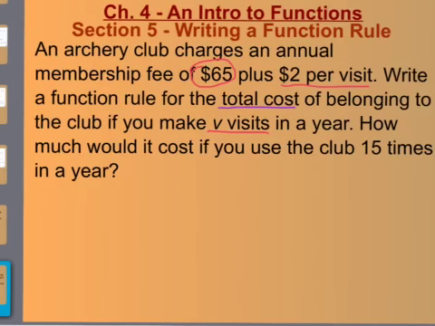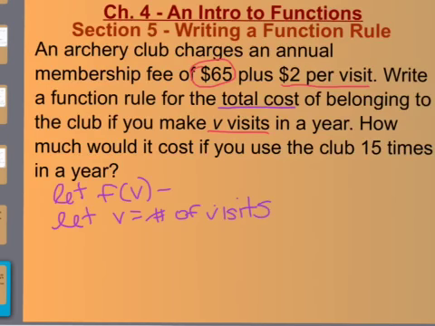So we're going to let the function at V, because V is our independent variable, it's the number of visits. The function at V, or you could even write C of V, since we're talking about the cost, is going to be our total cost, and V is going to be our number of visits.